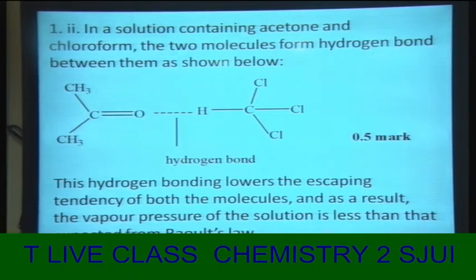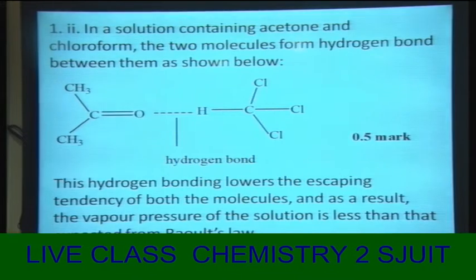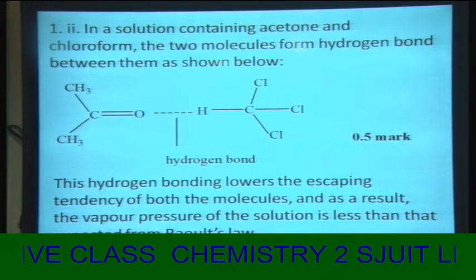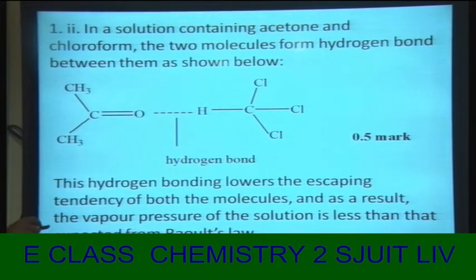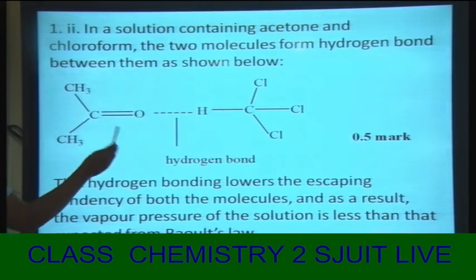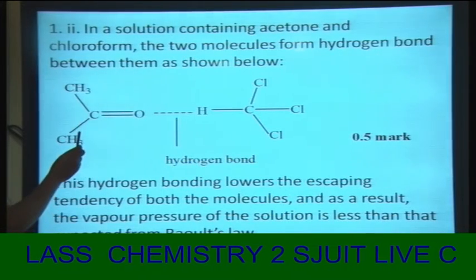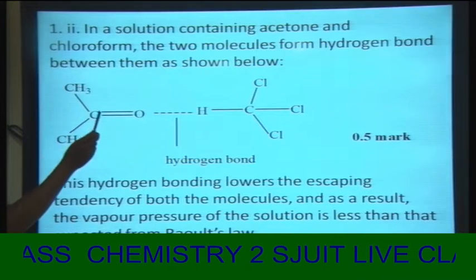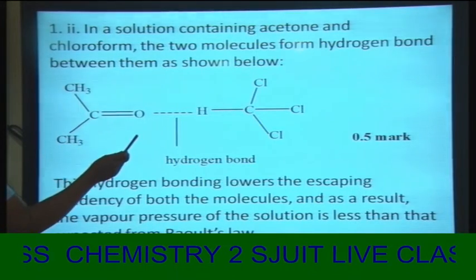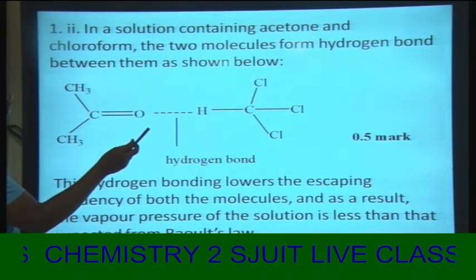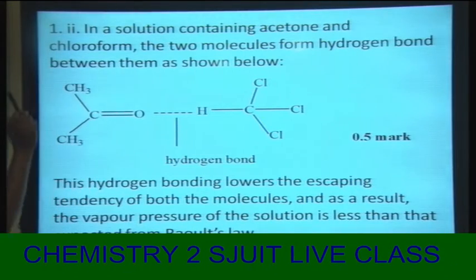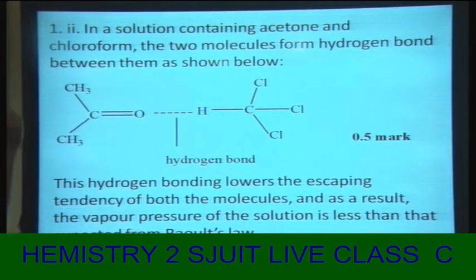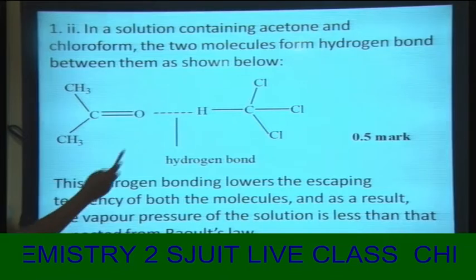From chloroform, 3 chlorine atoms, 1 carbon atom and a hydrogen atom. Between the hydrogen in the chloroform molecule and the acetone molecule, there is a hydrogen bond.